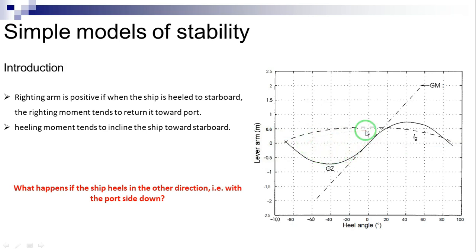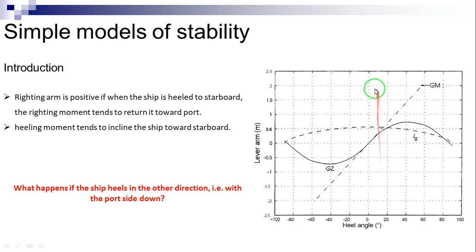The heeling moment, however, in general tends to heel the ship in the same direction as when the starboard is down, and therefore it is positive. Summarizing, the riding arm curve is symmetric about the origin, while the heeling arm curves are symmetrical about the lever arm axis.